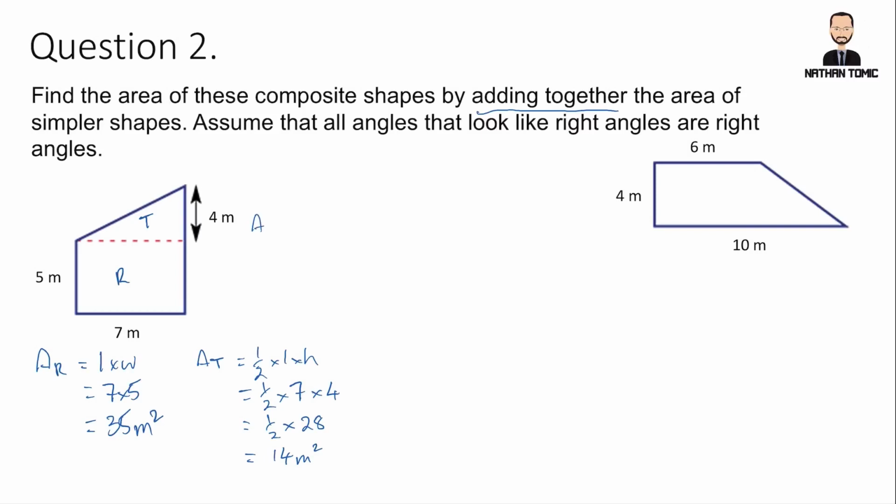And then area total. Now, I've done total there because if I just said area T, it's going to conflict with the area for the triangle that I did. So I might need to choose some better names in the future. But the area of the total shape is going to be equal to the area of the rectangle plus the area of the triangle, which in this case is 35 plus 14, which is equal to 49. Don't forget the meters squared unit in this case.